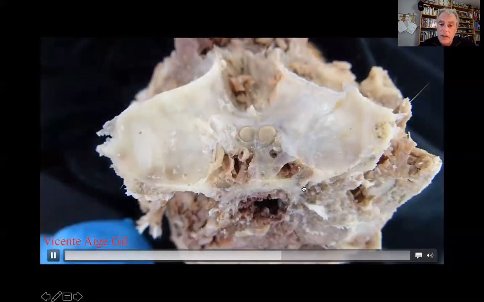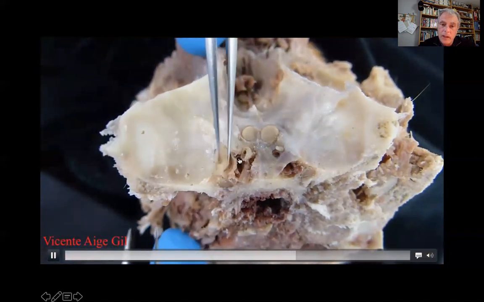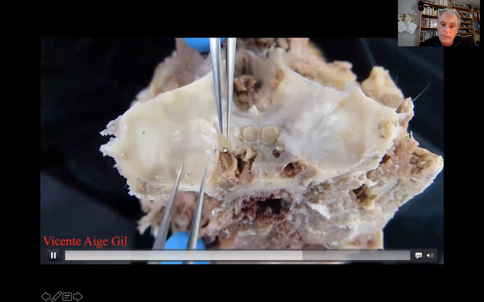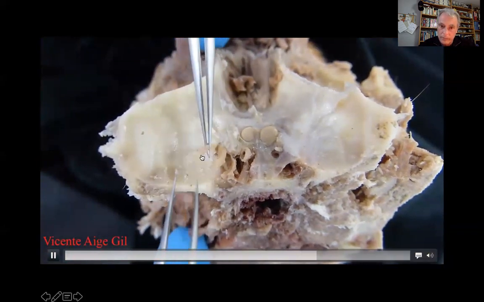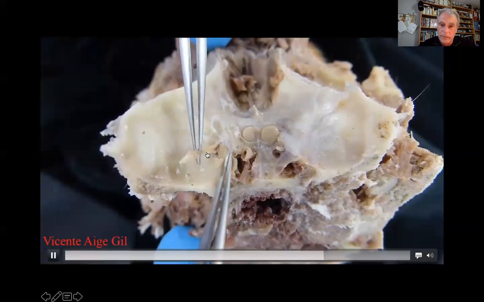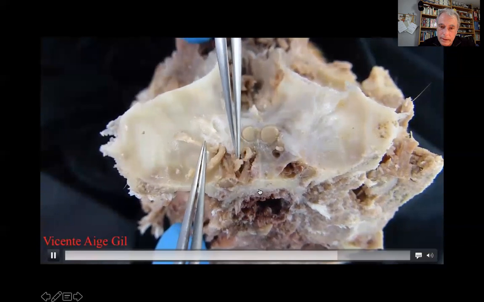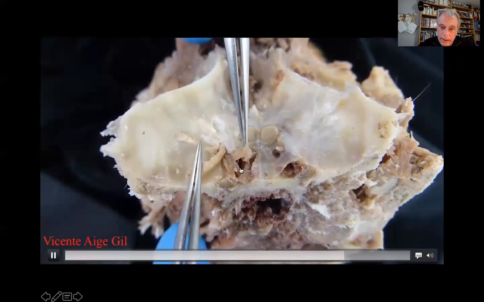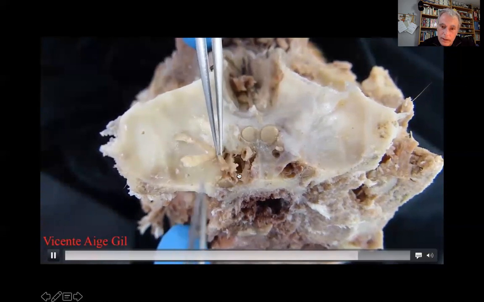So in a transverse section, the optic nerves, the internal carotid artery, and again the oculomotor, trochlear, they are in order. Here you have the anastomotic branch that connects.